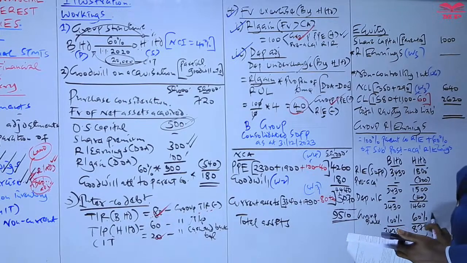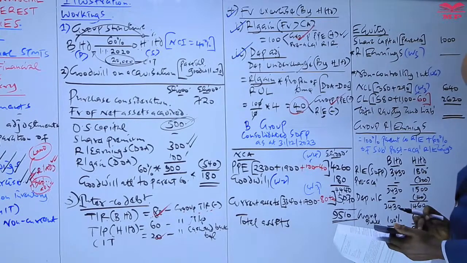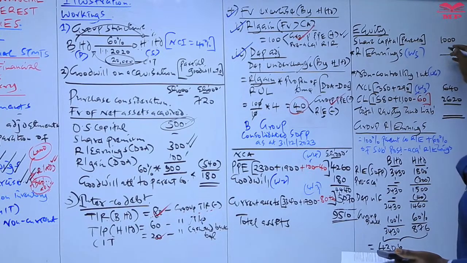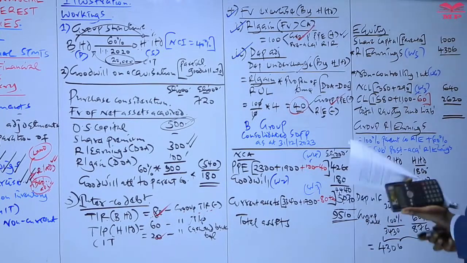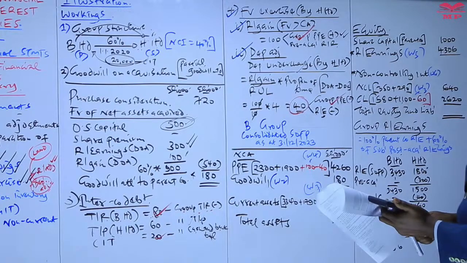Then we add those two figures: 876 plus the 3430. That will give us 4306. That is now the group retained earnings, 4306. So that is from working 5. I think we can just refer to that as working 5.